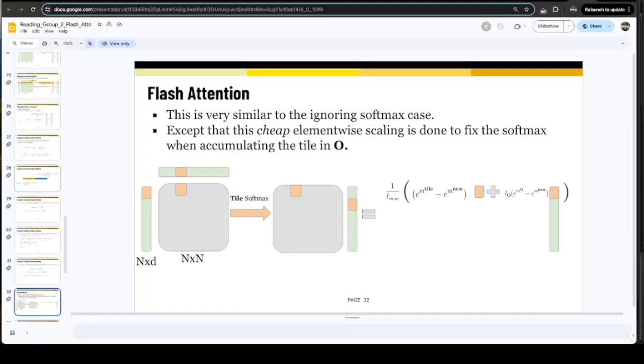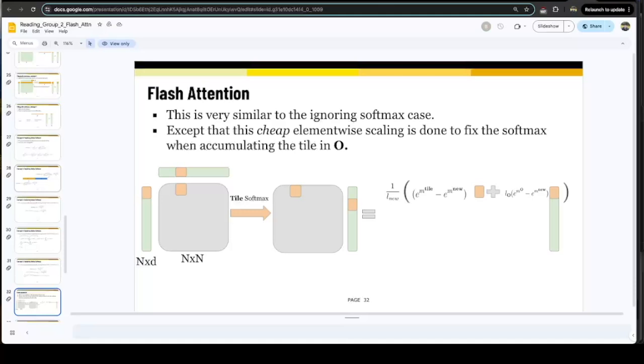But what's actually very beautiful about this, in my opinion, is the fact that this is coming very, very close to the pure idealized tiling case that we talked about earlier with tensor cores, where you could almost completely ignore the softmax and just worry about your matrix tiling. But here you still need to do a couple of adjustment steps, most notably the adjustment step at the end where you're doing this rescaling of both the denominator and the top numerator value.